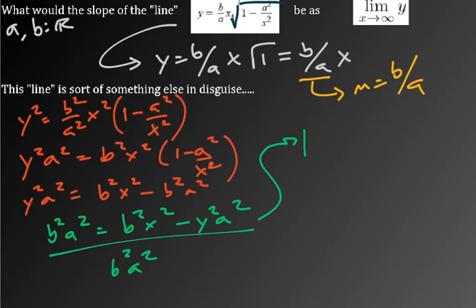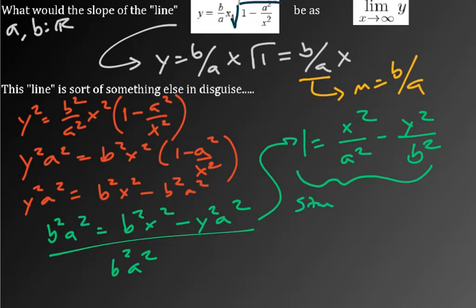And I will, of course, get 1 equals x squared over a squared, and then minus y squared over b squared. In this one, the b's are canceling, but then in this one, the a's are canceling. So this is our standard form for a hyperbola.